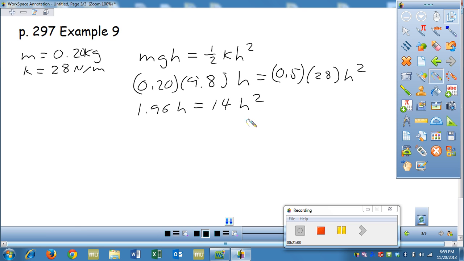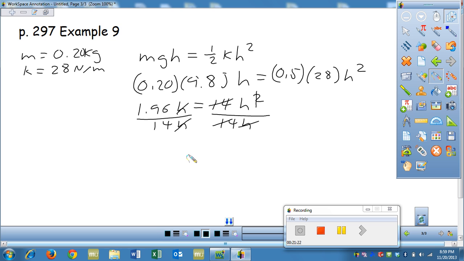h squared. Okay, so if we want to get h by itself, we could divide both sides by 14h. That h cancels. Those 14's cancel. This h cancels this 2, making it into a 1. h squared over h is h.